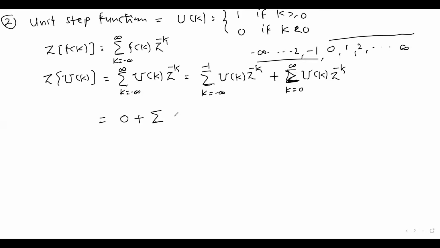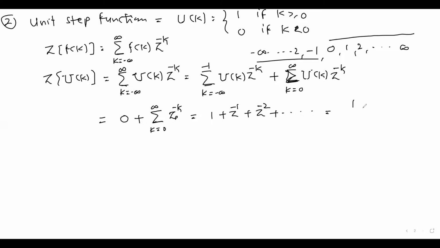So simply 1 into Z raised to minus k, and k is running from 0 to infinity. We just discussed, this is the Z transform of 1. Now put k equal to 0, 1, 2, means run the summation, that is 1, Z raised to minus 1, Z raised to minus 2 and so on.